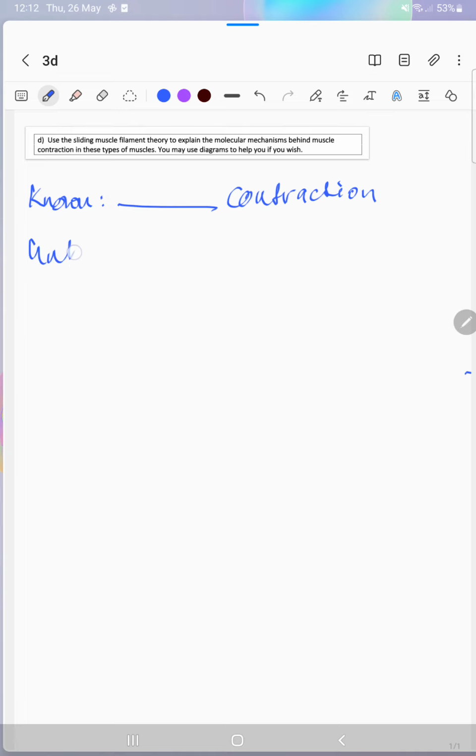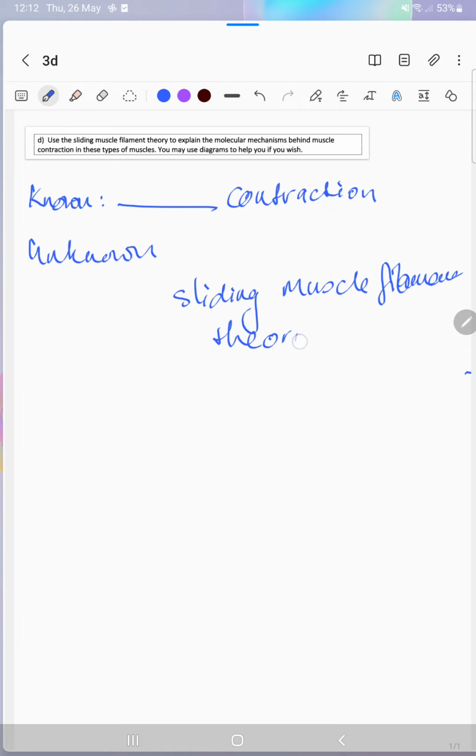So unknown is sliding muscle filament theory. So that's a question. And what do I need to know about the question? If I've got to explain something, I need to know what it is, I need to know how it works, and possibly why it works.